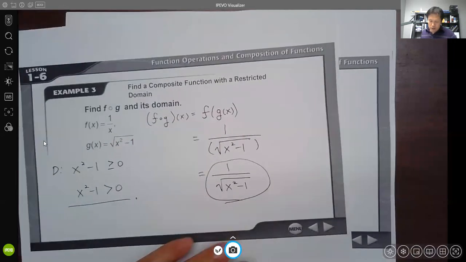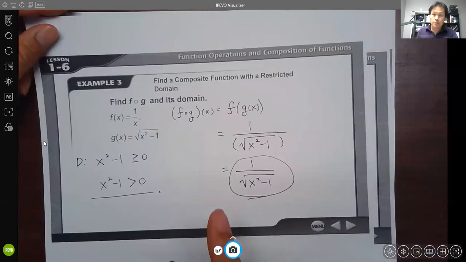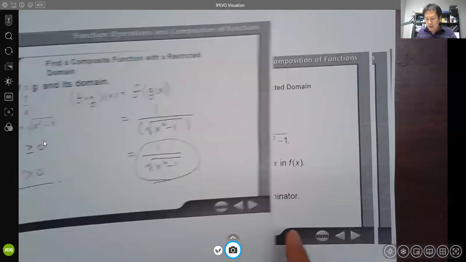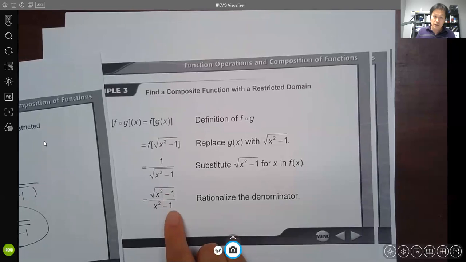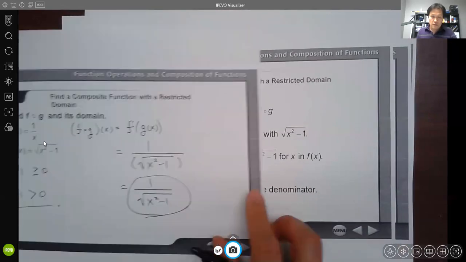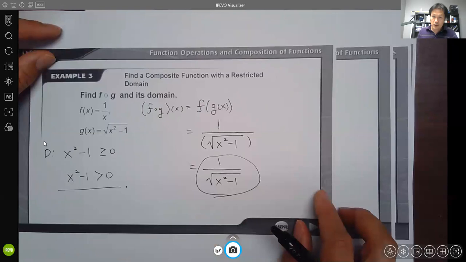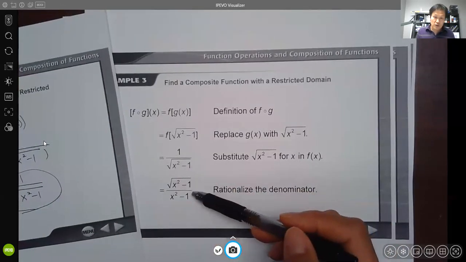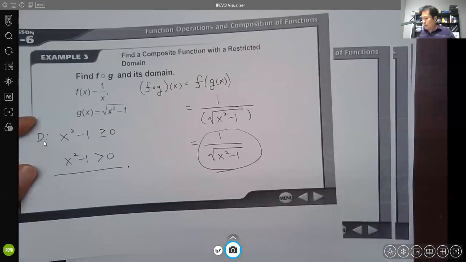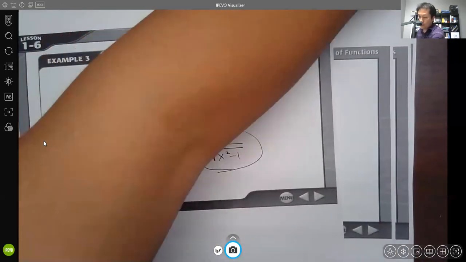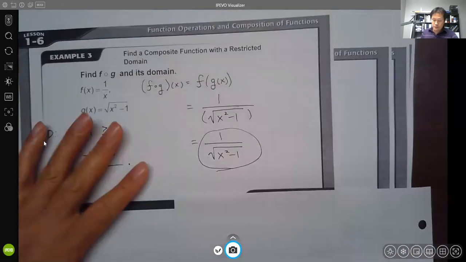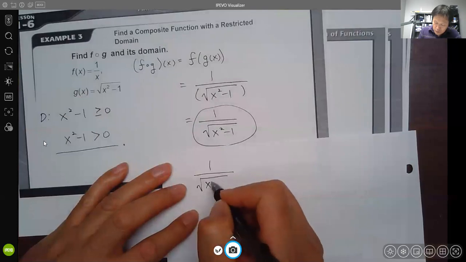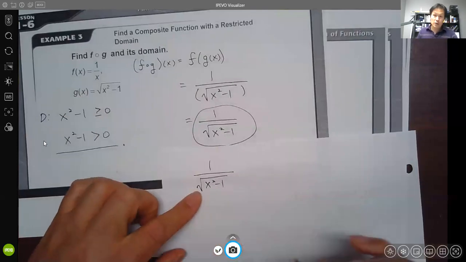One minor thing. I perfectly take this as a full credit answer. Your ALEKS might ask you to rationalize the denominator. So if it's a paper-based test, this is a fantastic answer. Your ALEKS might ask you to rationalize the denominator, then you might have to take an extra step, which is something like this. Rationalizing the denominator means they don't allow a square root on the denominator, period.